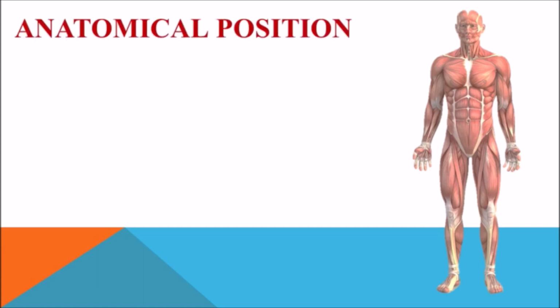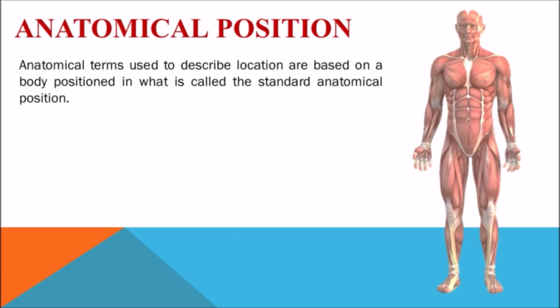At the same time the feet are also away from each other, but the feet's direction is forward and the face is also forward. So this is called the anatomical position. Yes, this is the position in which we can easily identify the directional terms. So what exactly is this position?